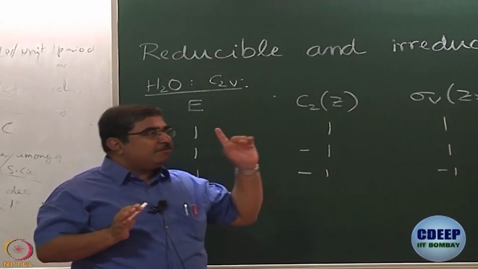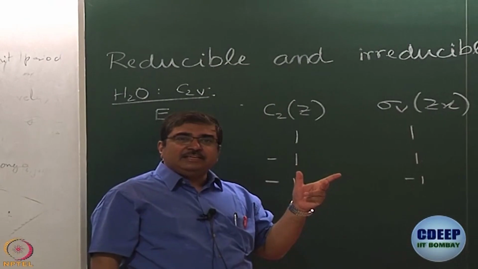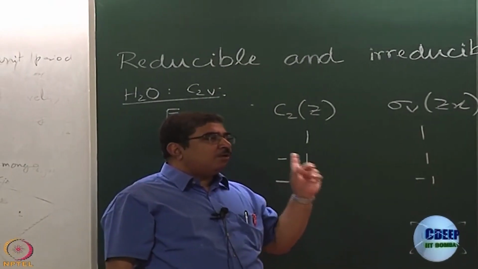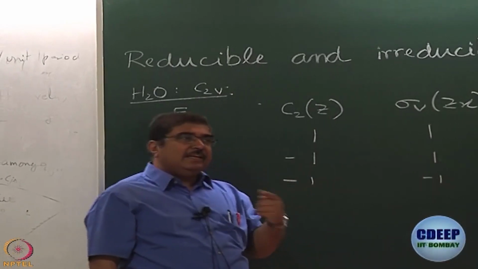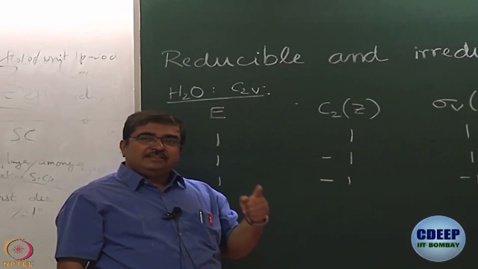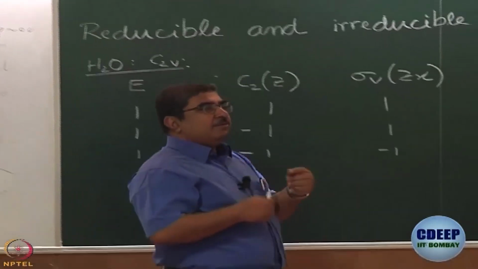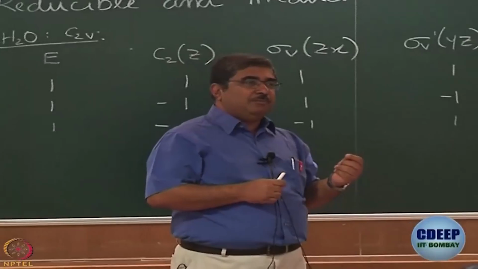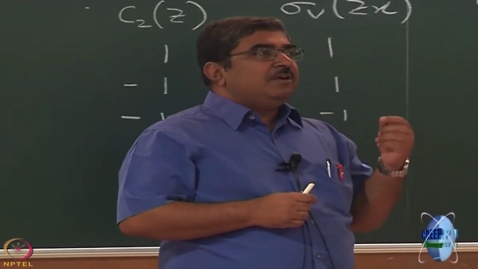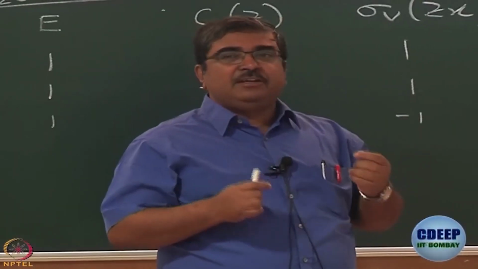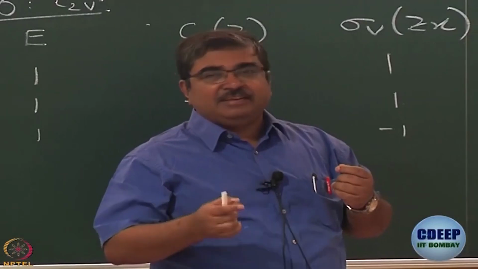But when we use x, y, z coordinates in C2V, all of these matrices turn out to be diagonal. As we said, the diagonal elements stand for the contribution of a coordinate in its transformed form. Off diagonal elements correspond to the contribution of a particular element to the transformed form of another element.